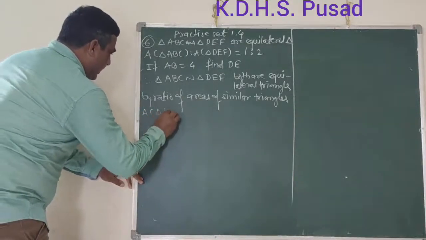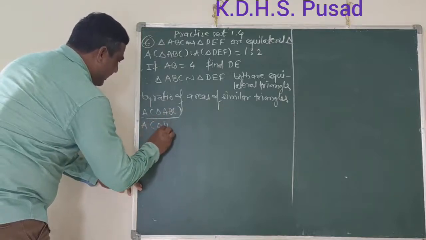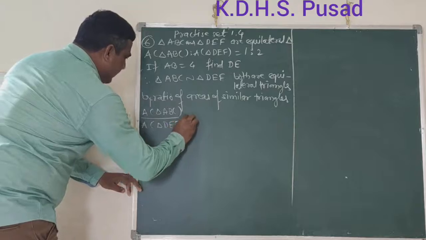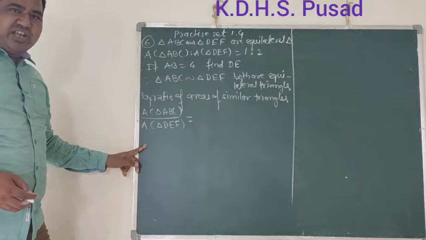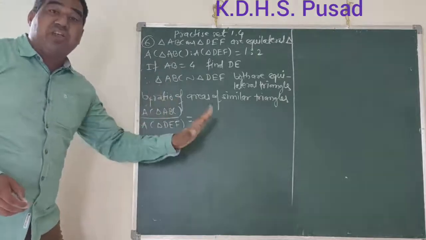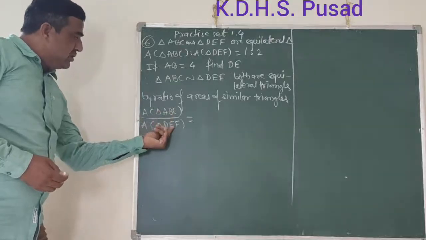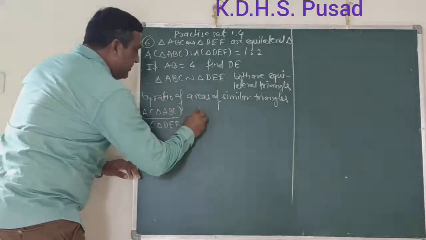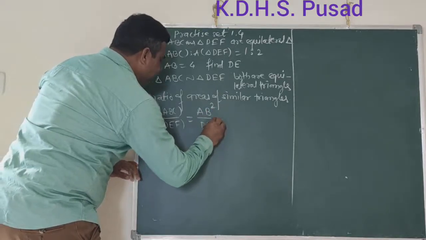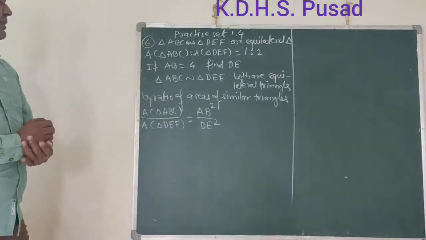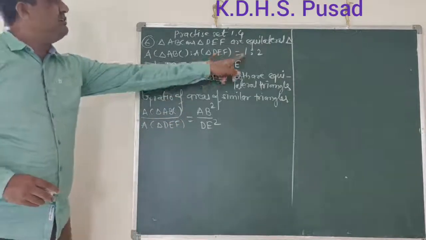Area of triangle ABC by area of triangle DEF is equal to, when two triangles are similar, the ratio of areas of these triangles is equal to the ratio of squares of their corresponding sides. So AB is the side here, and the corresponding side is DE. So you get AB square by DE square. Now put in the values: area of triangle ABC by area of triangle DEF is given as 1:2.